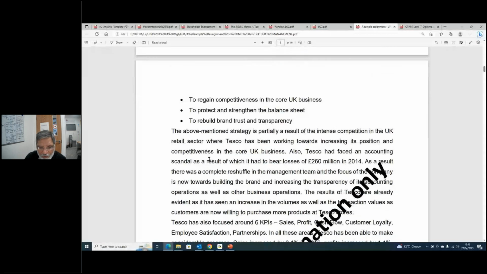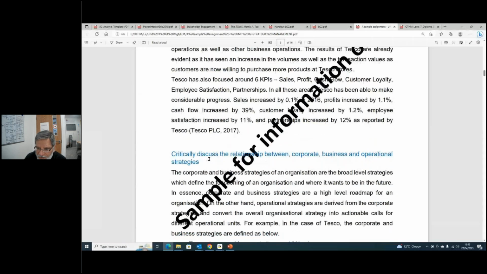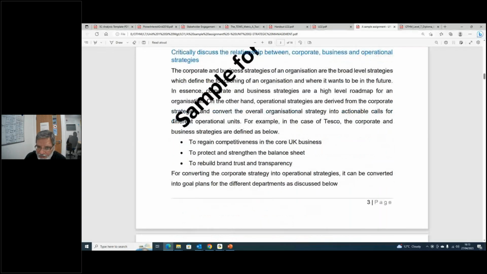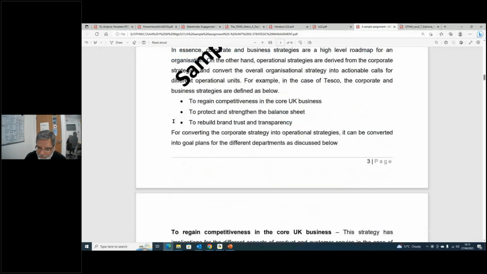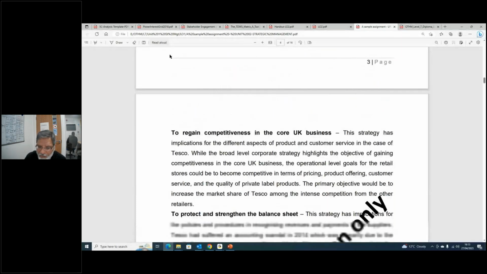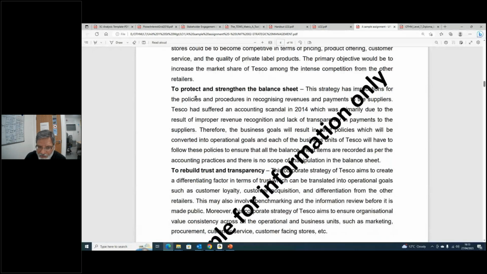Then 1.3, critically discuss the relationship between corporate and business strategy. You explain what the corporate strategy, business strategy, and operational strategy are, and what the company is doing: how they are gaining competitiveness, what they are doing in product development, what they are investing in, and what the strength is, maybe they're strong in financial position and so on.